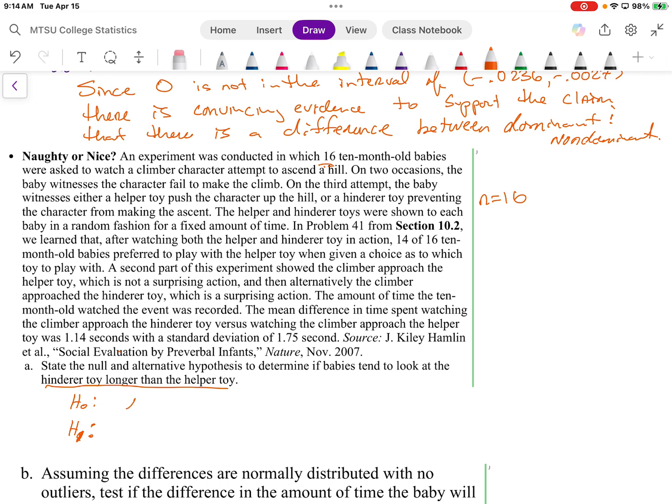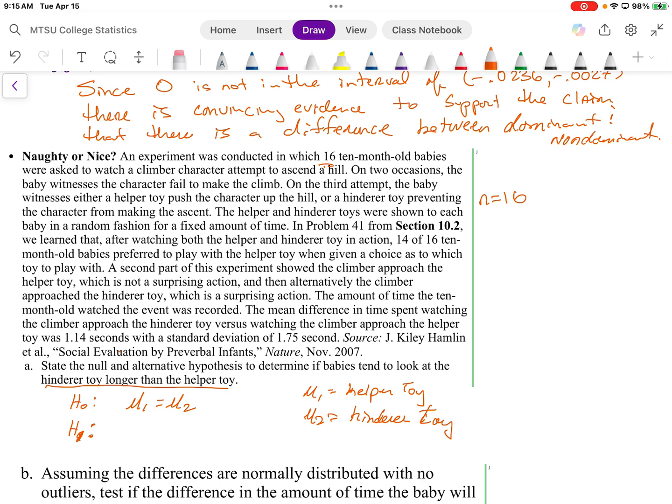So I'm going to say mu1 equals mu2, and I'm going to state over here mu1 is equal to the helper toy, and then mu2 is equal to the hinderer toy.